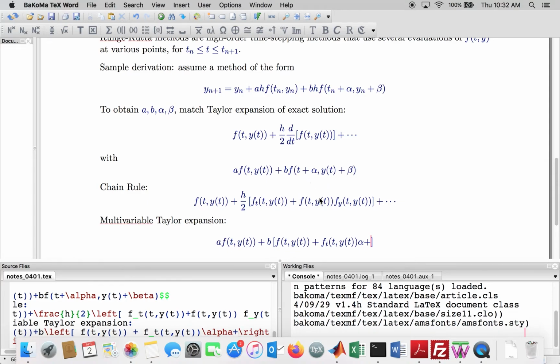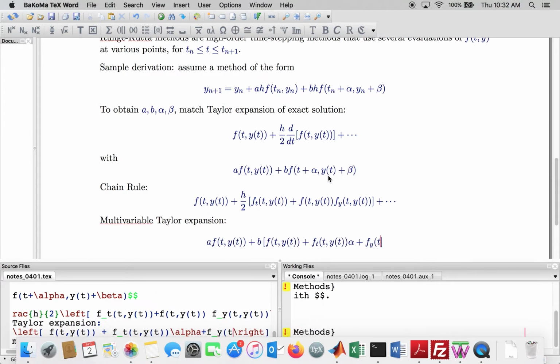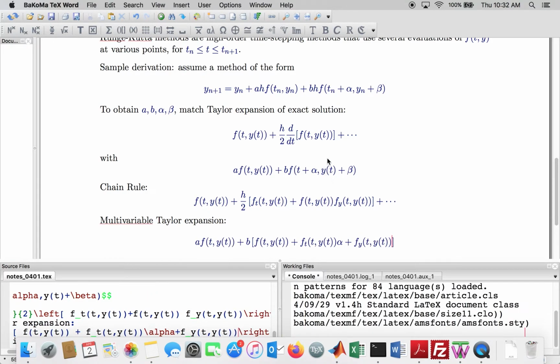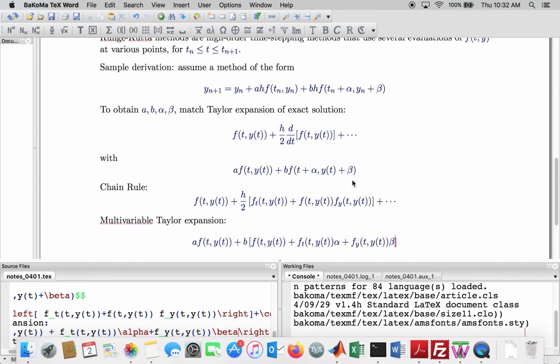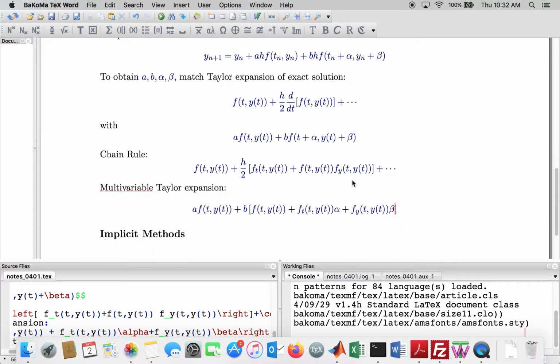And then I will have plus df dy times the difference between this argument and y of t. But that's just going to be beta. And there would be more terms here. I just won't need them.